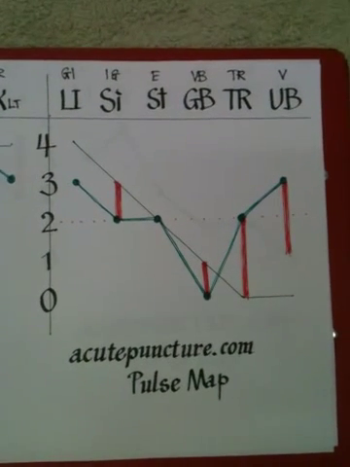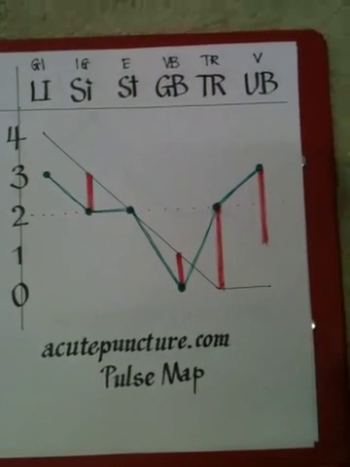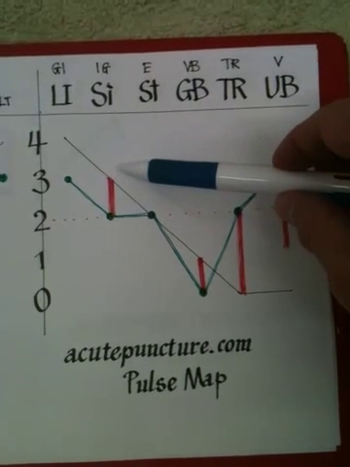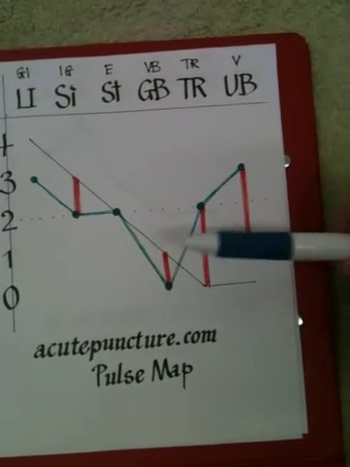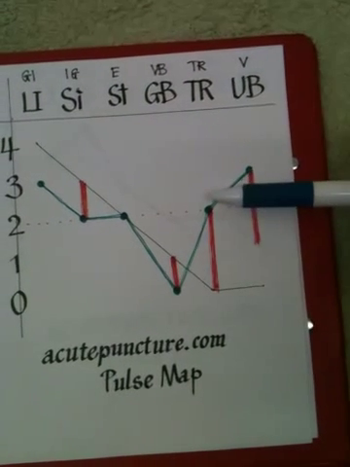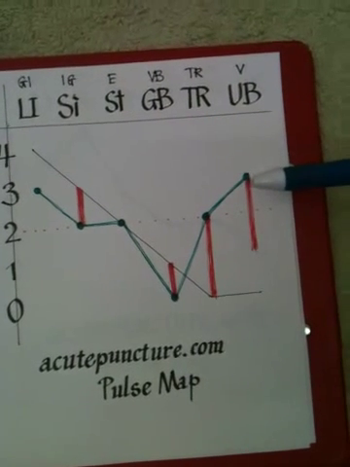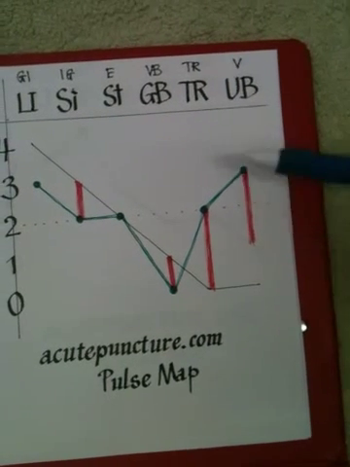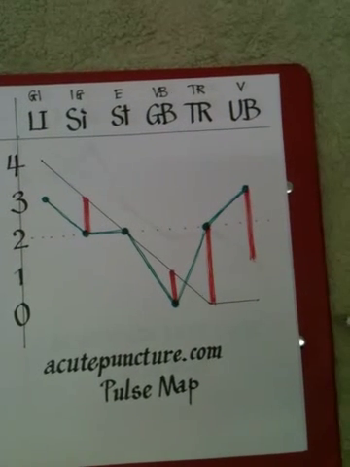All the pathology, all the problems this patient has are actually in four organs, and the PulseMap shows us that here is deficiency in the small intestine meridian, deficiency in the gallbladder meridian, some excess penetration of the pathological energy in the triple warmer Sanjiao meridian, and the penetration in the urinary bladder meridian, and also some stagnation at the level of the stomach meridian.